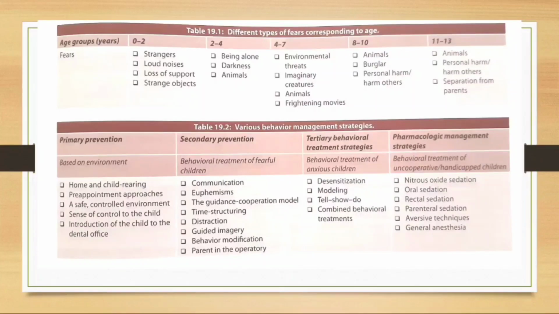In secondary, that is behavior treatment, communication, behavior modification, parent in the operatory field, distractions. Tertiary level, we have desensitization, modeling, tell-show-do technique. And pharmacological, we have many techniques: nitrous oxide, oral sedation, rectal sedation, parenteral, aversive technique, and GA.